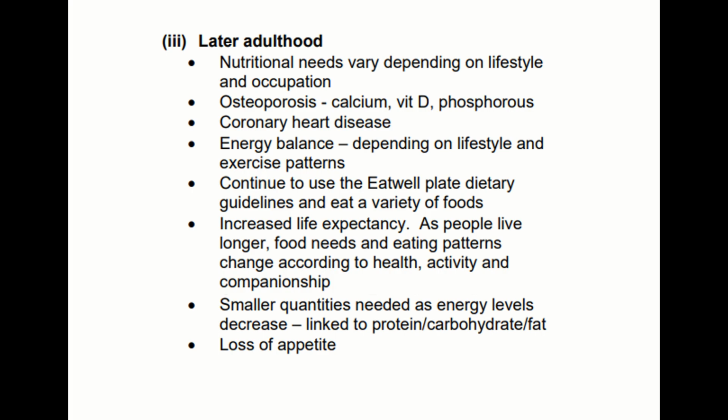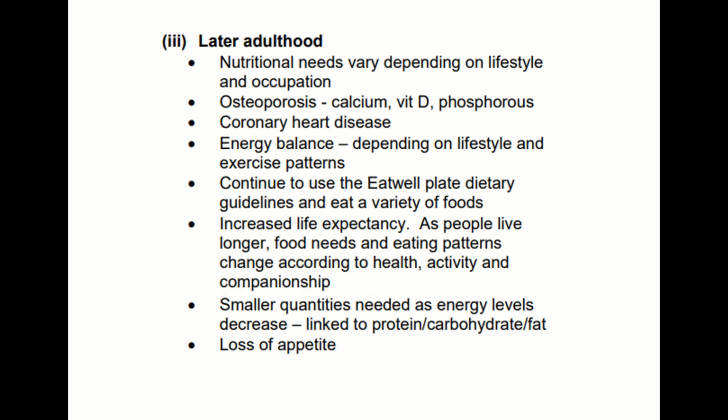So somebody that maybe moves into a retirement home or a kind of a supported living situation, they might have different nutritional needs dependent on their health and their lifestyle and their living situation as well. So increased life expectancy means that people's bodies are lasting longer.